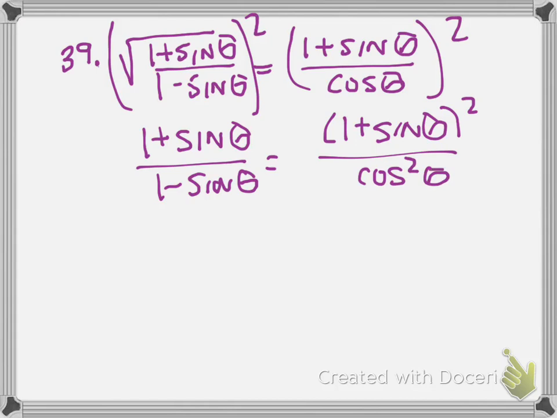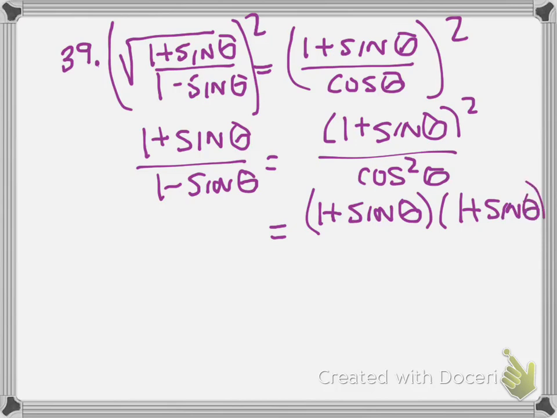Now that should start to look really, really good for us. If I look just at the right side, that's 1 plus the sine of theta and 1 plus the sine of theta. I'll try and fit it in there, and then cosine squared is 1 minus sine squared of theta.